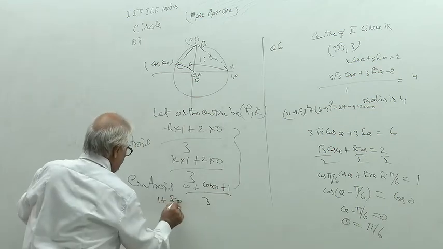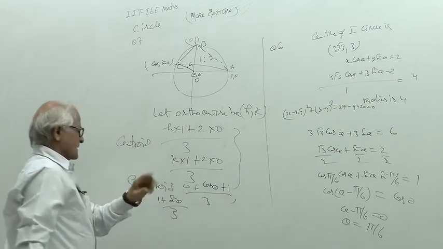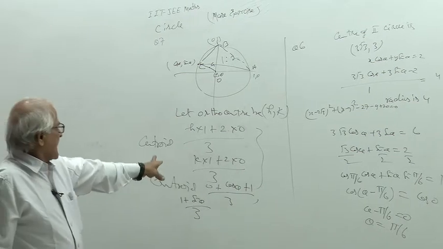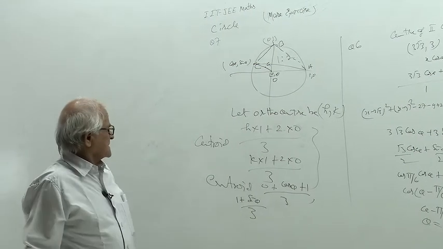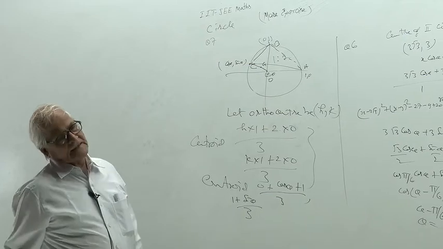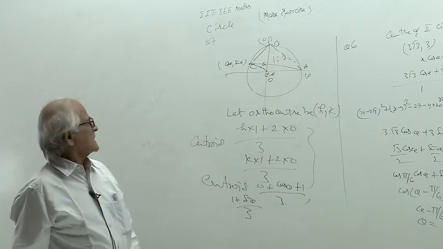Similarly, we have this. This is the centroid. But we have calculated the centroid like this. Then we generalize and we will get the required locus.